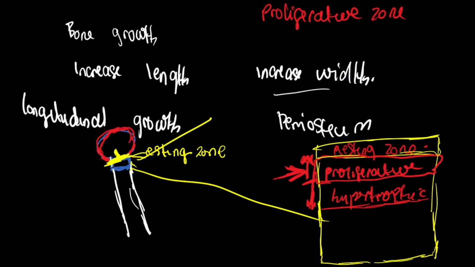So the calcification zone is below the hypertrophic zone. Now remember that all of these are zones of the epiphyseal cartilage or the epiphyseal plate. This is the calcification zone.